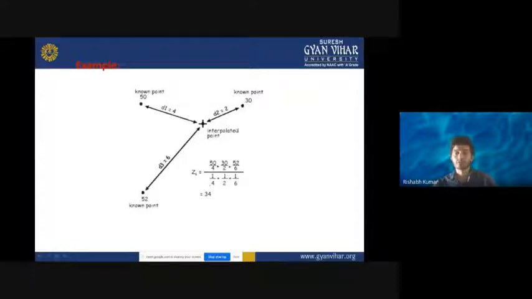So the most influence on this prediction location will be of this measured point, because its distance is the least. Here the distance is only 2 meter, here it is 4 meter, here it is 6 meter. So the least distance out of these three is this d2. So this measured point, here 30, will have the most influence on this, right?